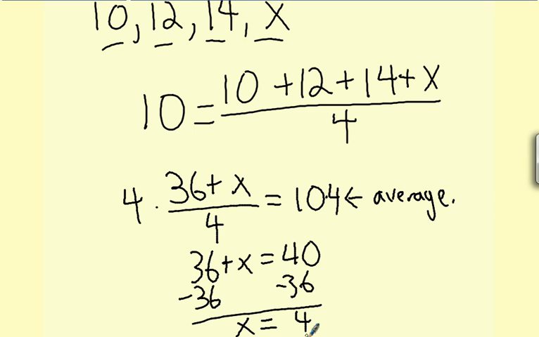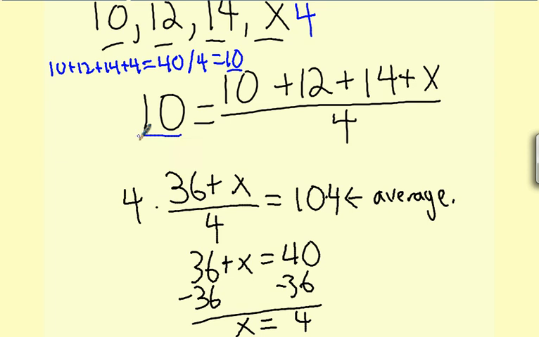If I were to take the numbers 10, 12, 14, and 4, and add them together and find the average, is my average going to be 10? We'll check it. So 10 plus 12 plus 14 plus 4 equals 40. 40 divided by 4 equals 10, which is the average I was looking for. So there you have it. You should be able to do this question pretty easily.